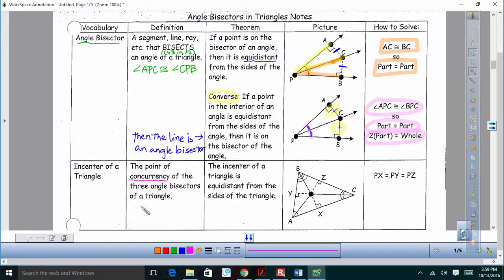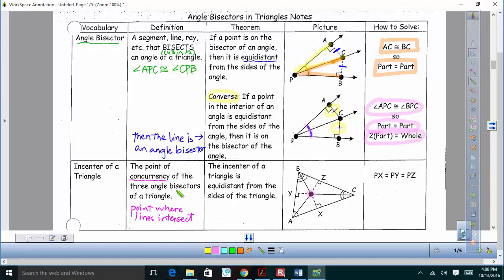And concurrency is just a point where lines intersect. Okay. And so if we're looking here, the point where all the lines intersect is this middle dot right here. So that is the incenter of the triangle.